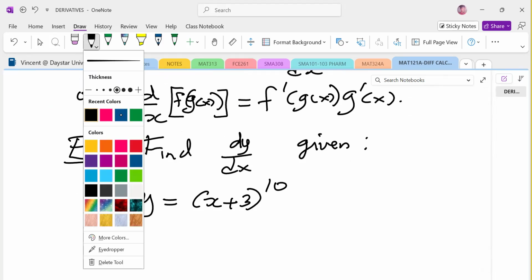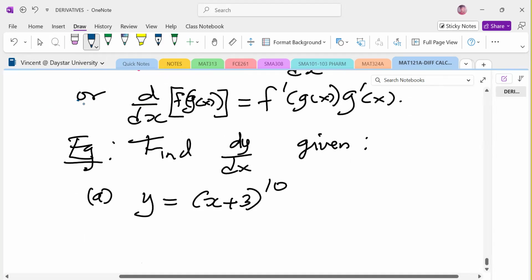So for those who don't know the chain rule, this would have been the same thing as multiplying x plus 3 by itself 10 times, then applying the power rule to each of the terms to get the derivative of this function y. But that is time consuming.